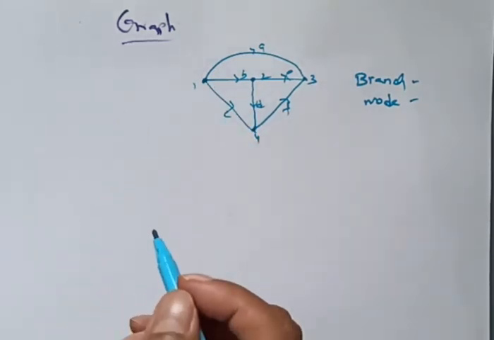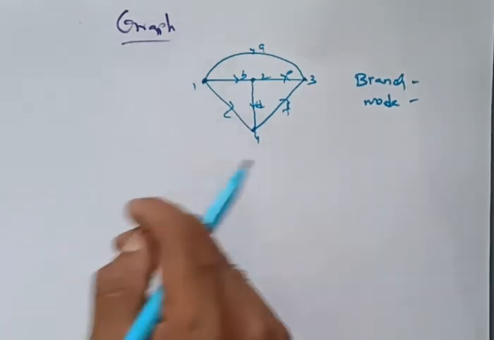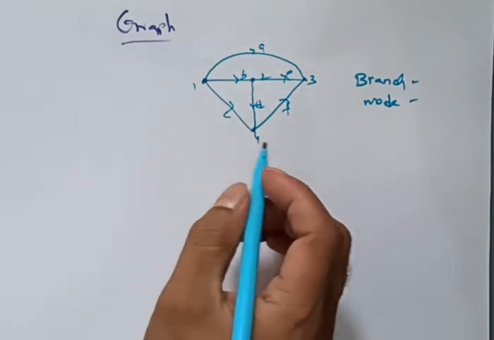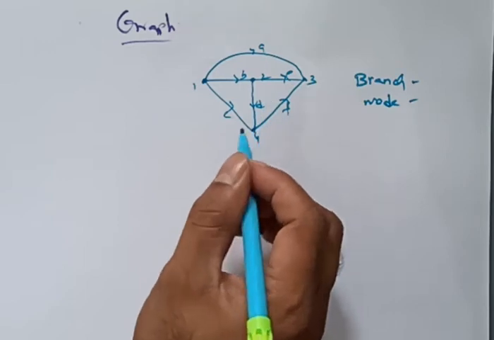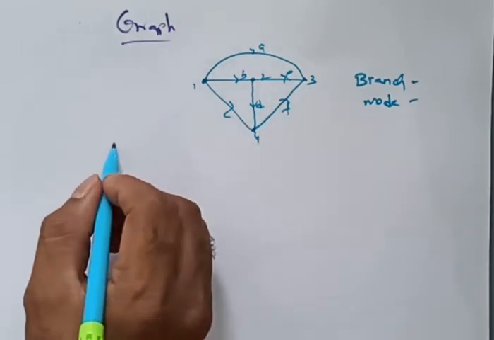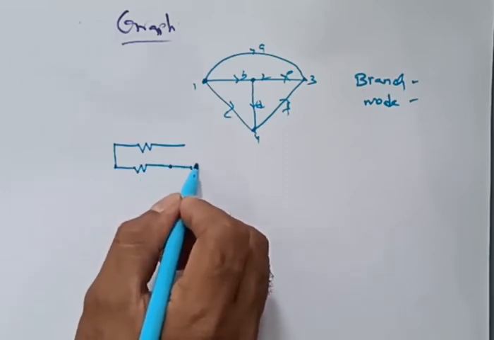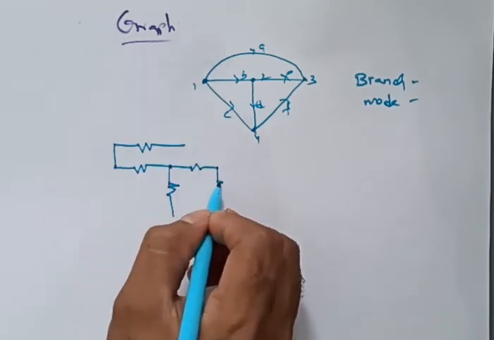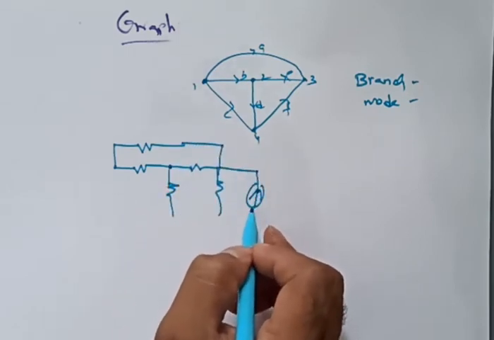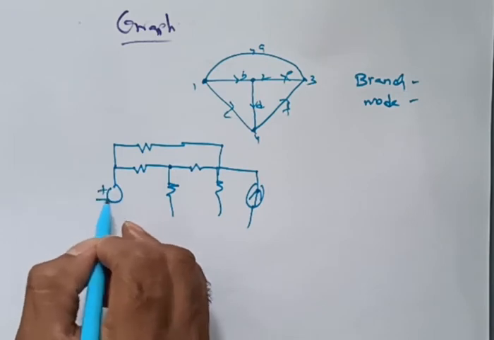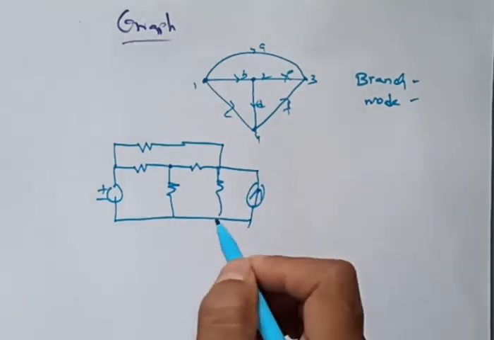Any electric circuit or network can be converted into its equivalent graph by replacing its elements. For example, let us assume a network having resistors, some current sources and some voltage sources.